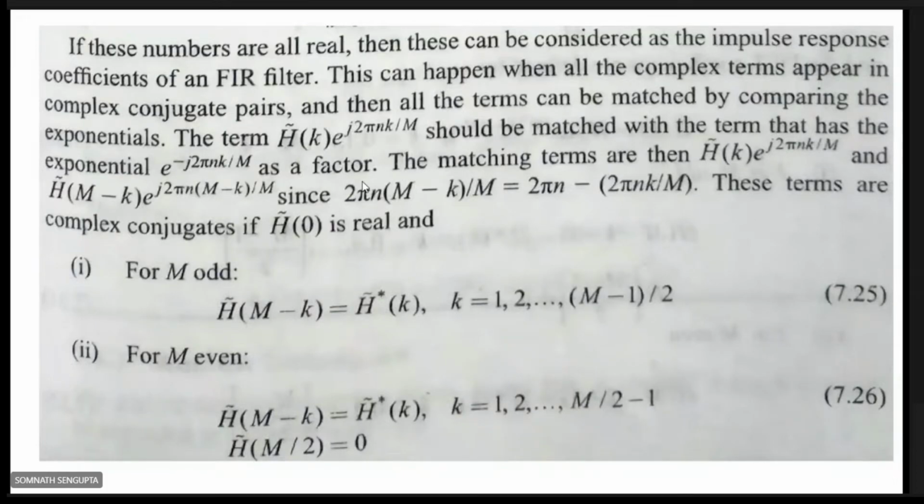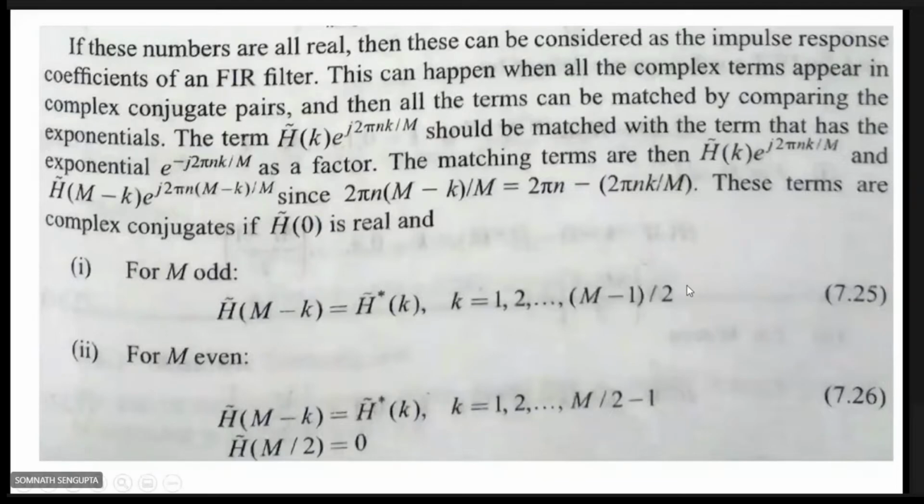So that means, let us say, if there are values of k from 0 to say 6. Say m is equal to 7. So k will go up to m minus 1, so 7 minus 1, it is 6. So k is equal to 1, 2, 3.